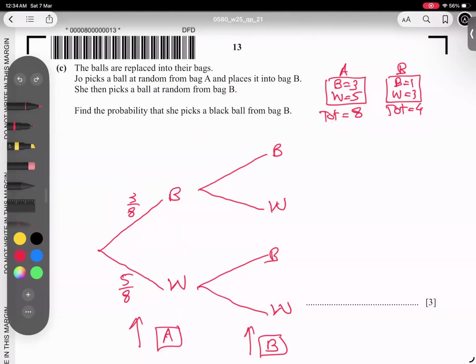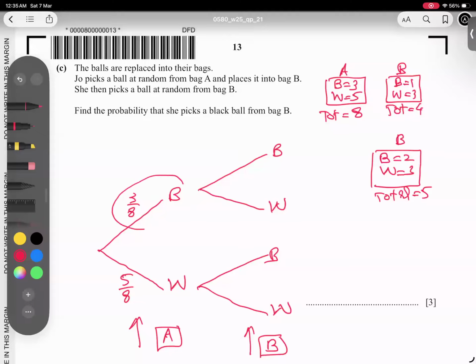When we add one black ball and put it inside, I'm going to change this now. The story here changes for bag B. So the total will automatically become 5, black will become 2 and white remains 3.